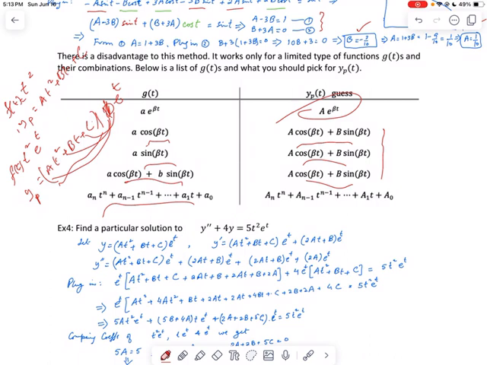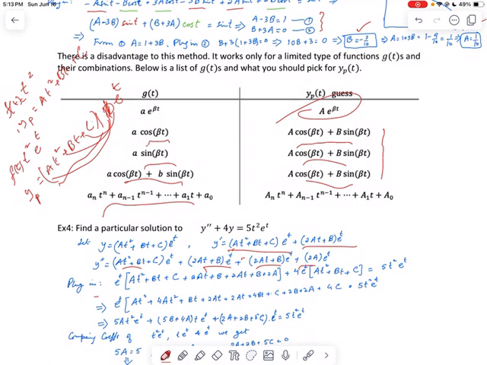And then you can plug in. So here I have two terms by taking the derivative of y, one term here, one term here. And then when I take the second derivative, I have 1, 2, 3, 4 terms, as I just mentioned.